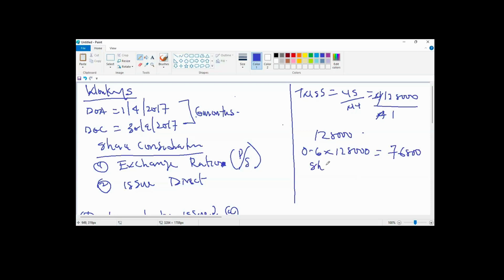You now use the share consideration, the exchange ratio, parent versus subsidiary.